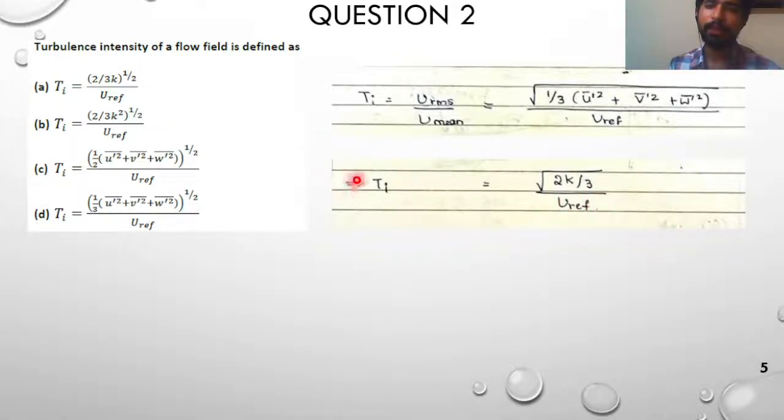So you can express it in terms of turbulent kinetic energy in this fashion also. If you see the options, this K is actually in the numerator, not in the denominator, although it might appear so. So option number A is also correct, because 2K by 3 raised to half, that is the square root, divided by U reference, is also a correct option. So for this question, option number A and D are both the correct answers.